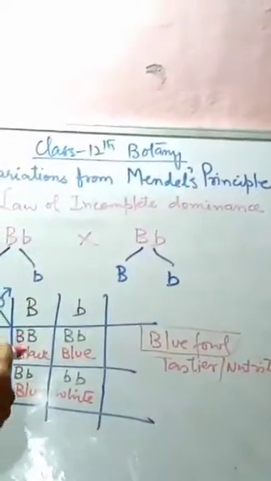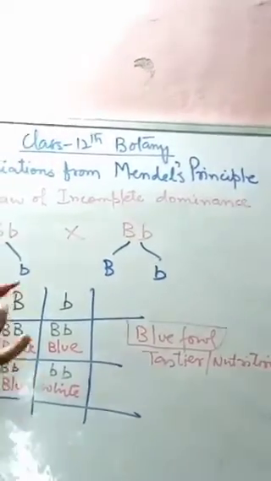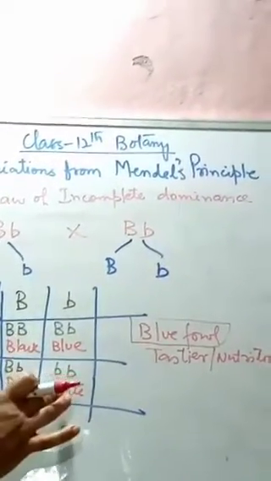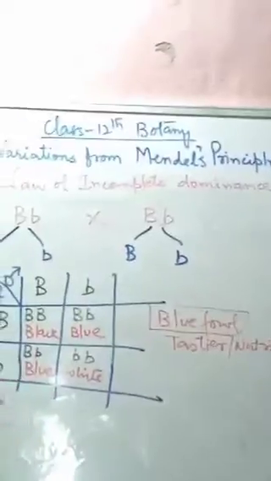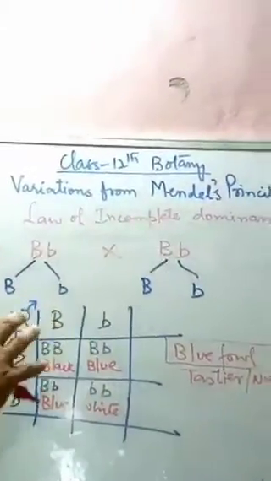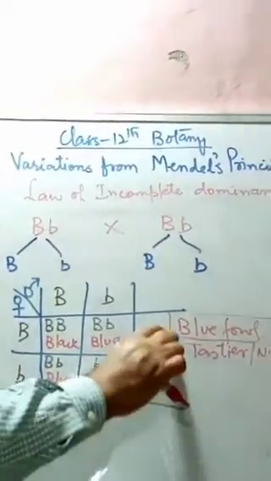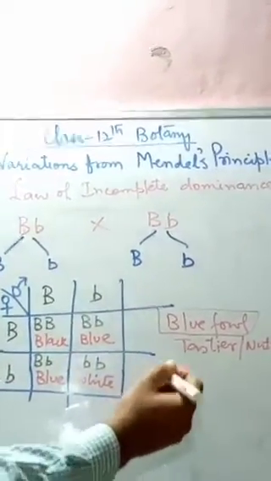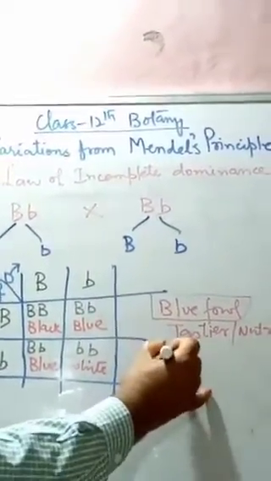But while doing that, what did they do? They would get only 50% blue and the rest 25% black and 25% white, because they did not know why these blue fowl had come. They had come from crossing the black fowl and the white fowl.